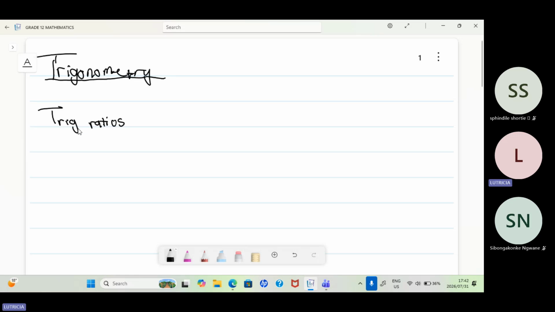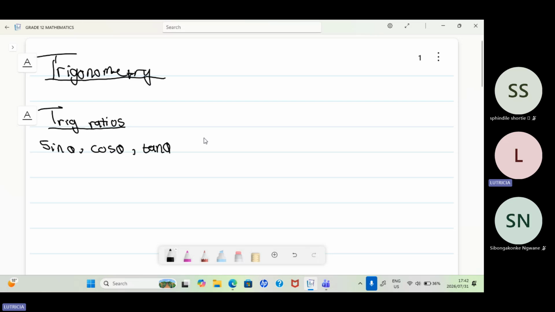Trig ratios are gonna help us understand the relationship between the sides and the angles on the triangle. And then we have sine theta, where theta is the angle, and cos theta, and tan theta.